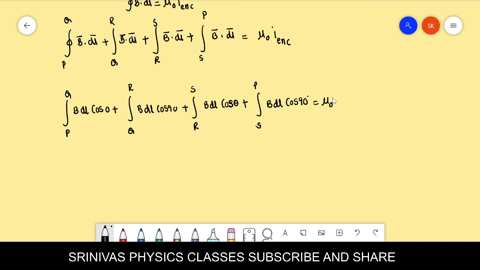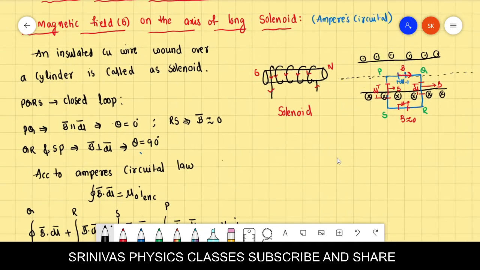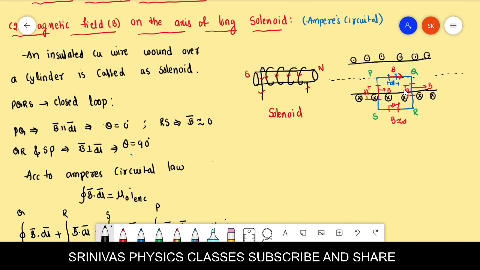What is the current enclosed? We want the current enclosed in this closed path. For example, in each turn, current I is flowing. For example, the length of this one we can take as L. Then small n we can take as the number of turns per unit length.